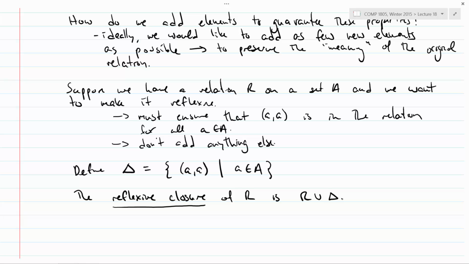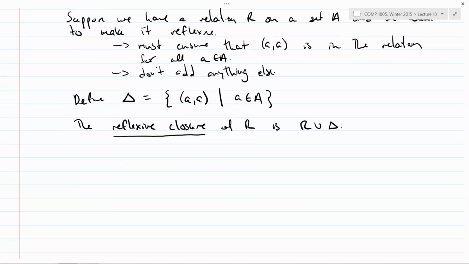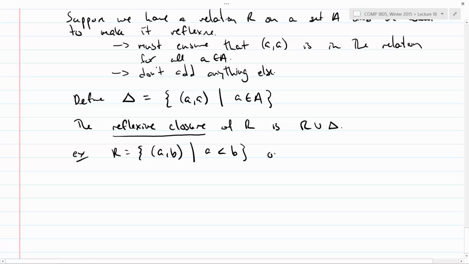Okay, so let's do an example. Let's say R is {(a, b) such that a is less than b}, over the set of integers. In this case, what is delta?